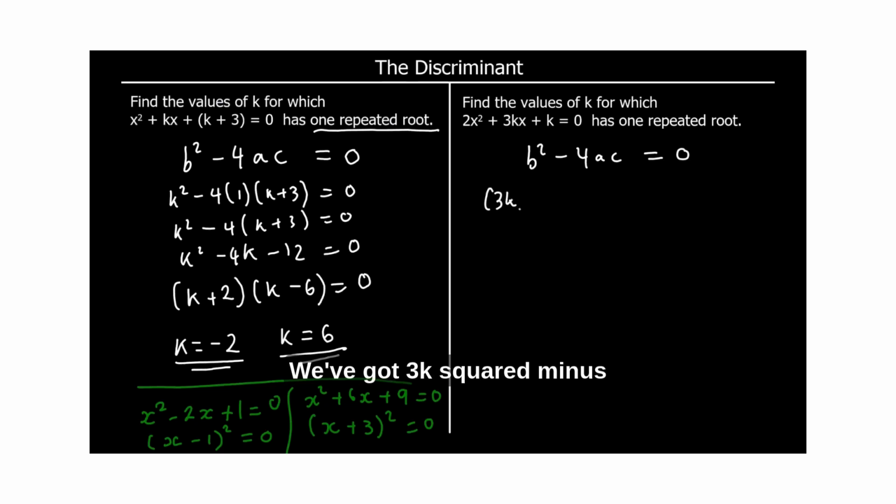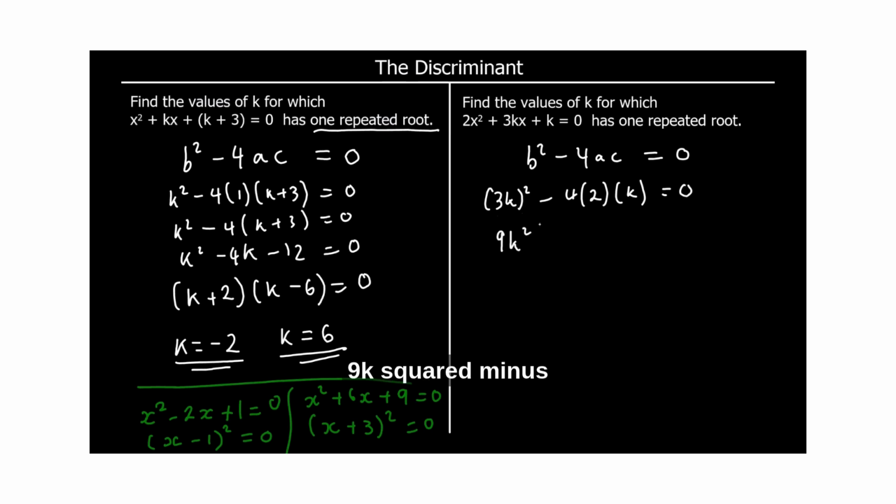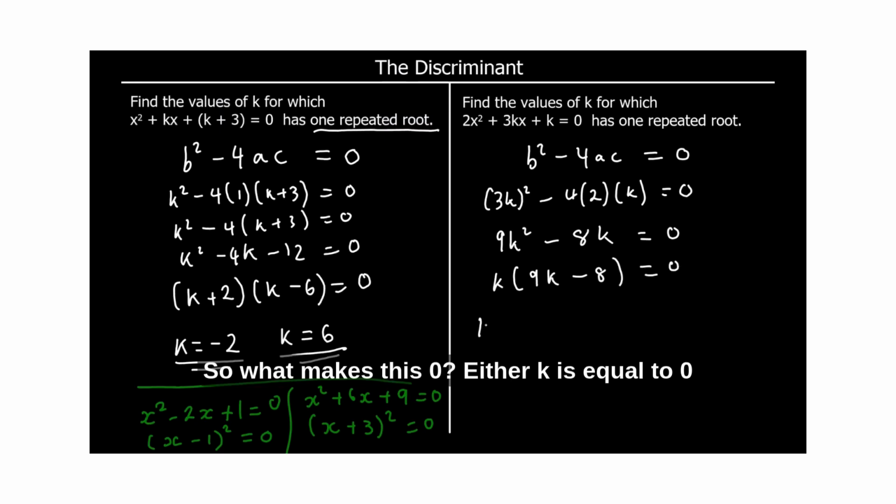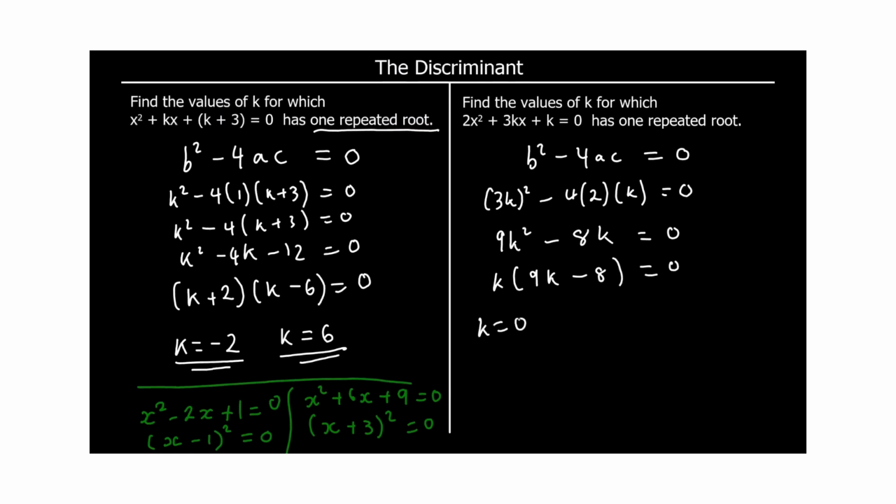We've got 3k squared minus 4 times 2 times k. 3k times 3k is 9k squared. We've got 9k squared minus 4 times 2, which is 8k, equals 0. So if we factorize, single bracket, so k, 9k minus 8. What makes this 0? Either k is equal to 0, or k is equal to 8 over 9.